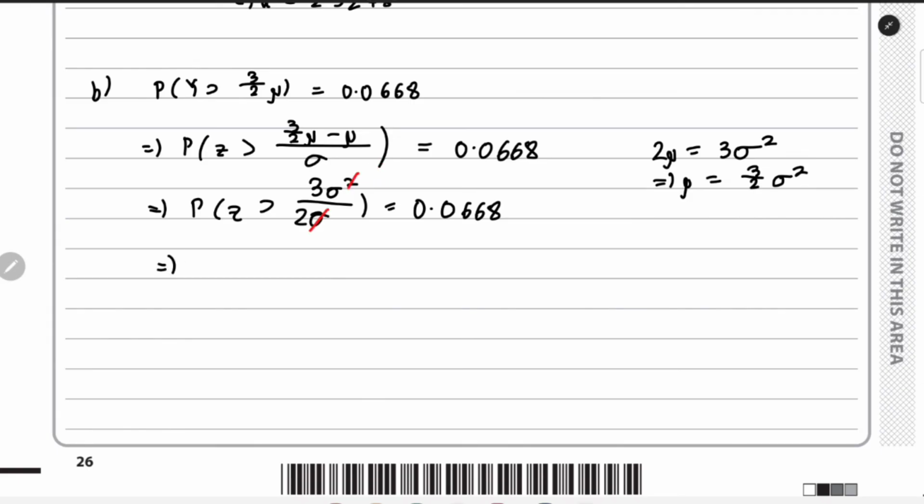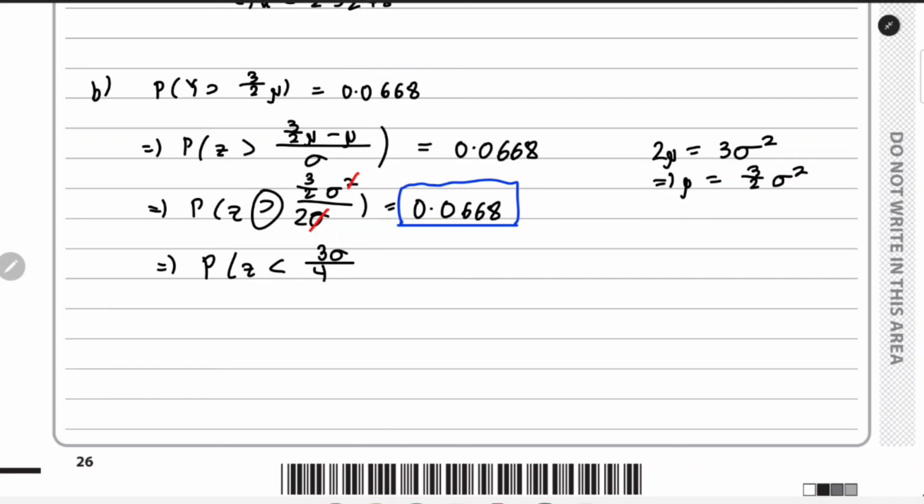And if we convert this using the table, now we have to see the larger table. We don't have this on the smaller table. Oh, and we need to switch this sign as well. So probability z less than 3 by 2, oh, this would be 3 by 2 itself divided by, so this will be 3 by 4.